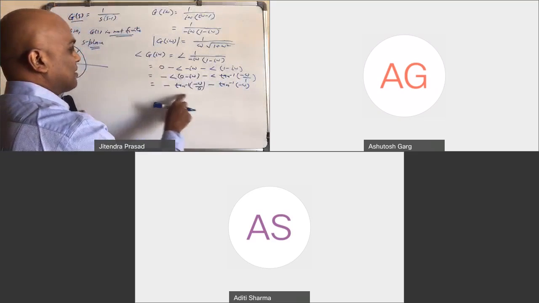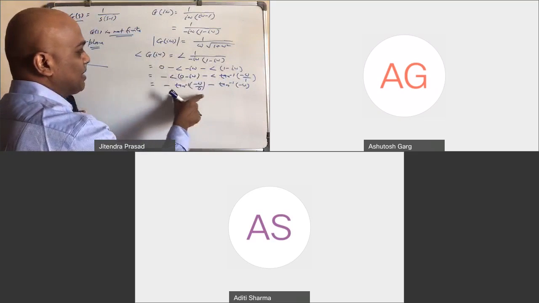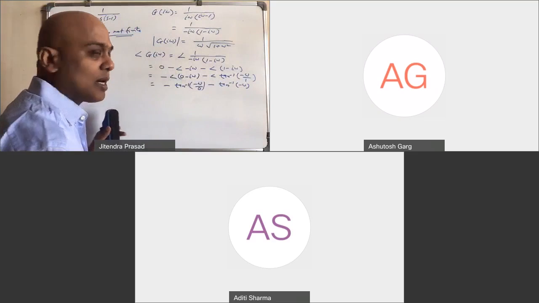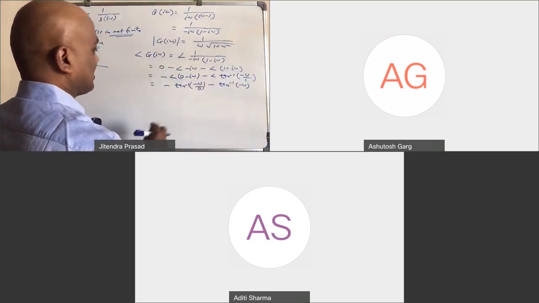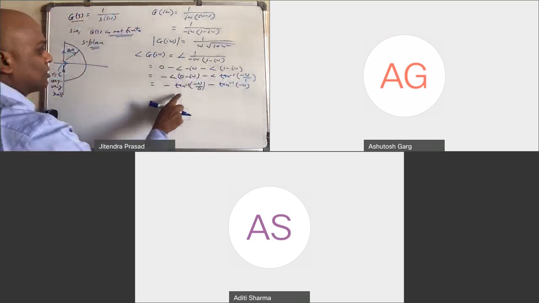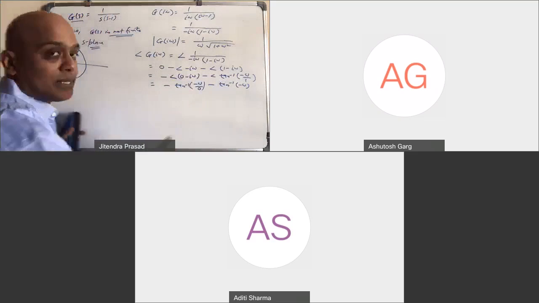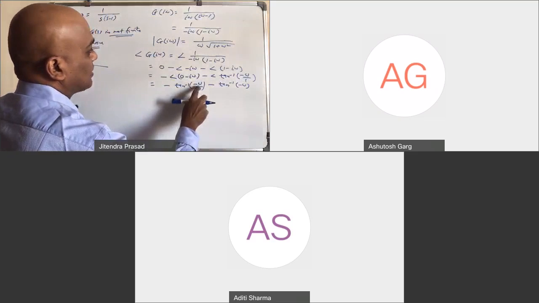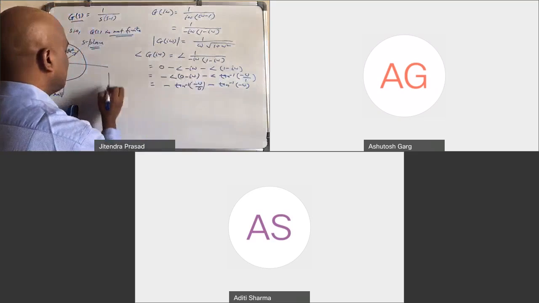So when you see here, we have to also look for the angle, or what the meaning of the angle is. If you see the quadrant, we have to locate.